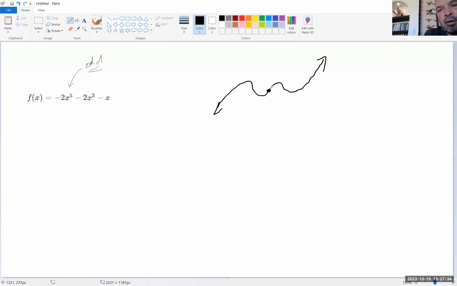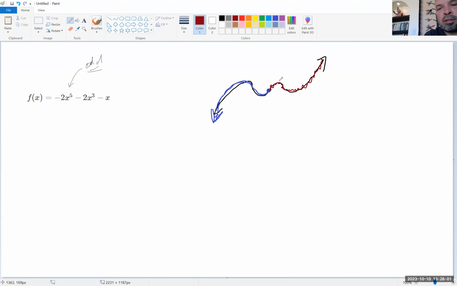And while my drawing is not very good, you might see that symmetry about the origin. In fact, let me color the other side like this.